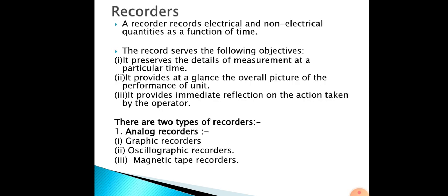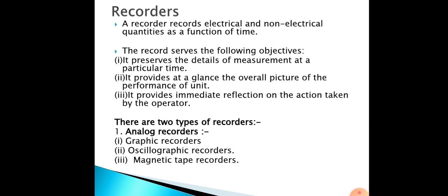The next one, recorders. So what is a recorder? A recorder records electrical and non-electrical quantities as a function of time. It preserves the details of the measurement at a particular time. It provides an at-a-glance overall picture, and it provides immediate reflection of the action taken by the operator.